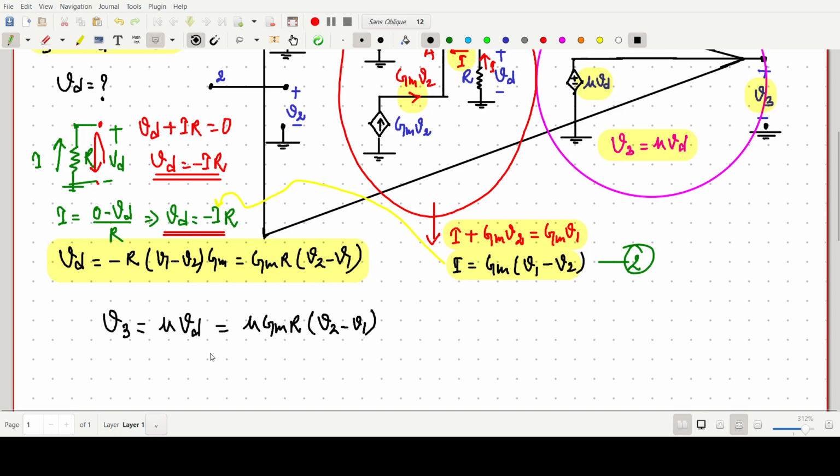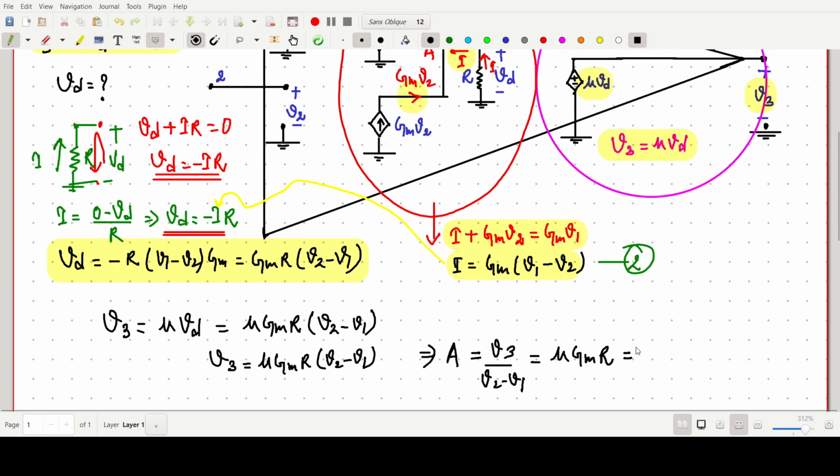So one more line I am writing: V3 equals mu GMR (V2 minus V1). Now we have to find open loop gain. So A will be V3, the output voltage, divided by this differential voltage V2 minus V1, and this value will be mu GMR.